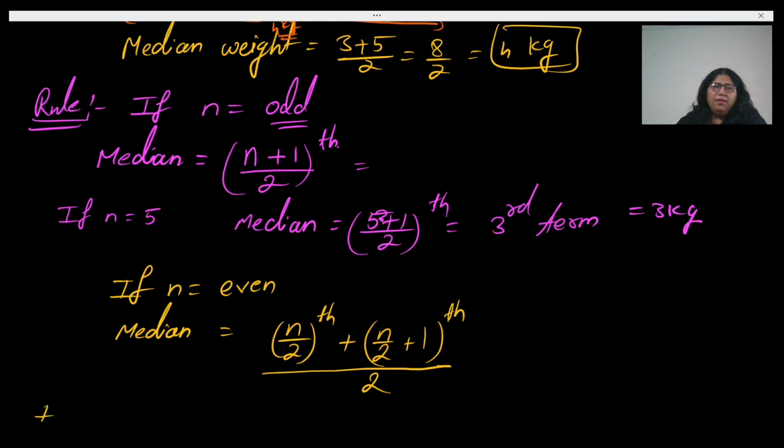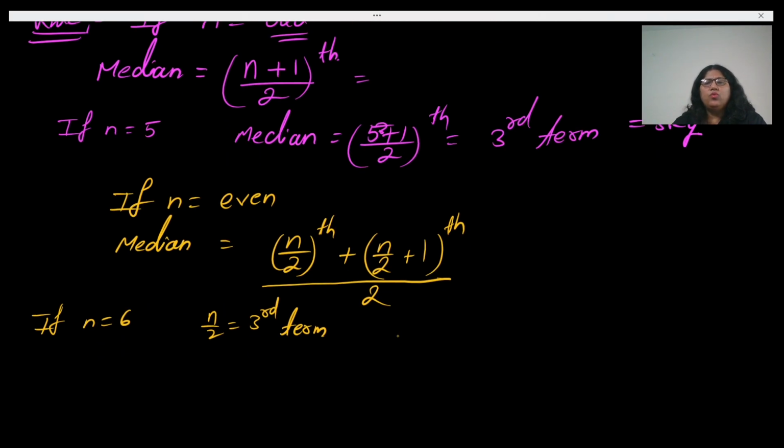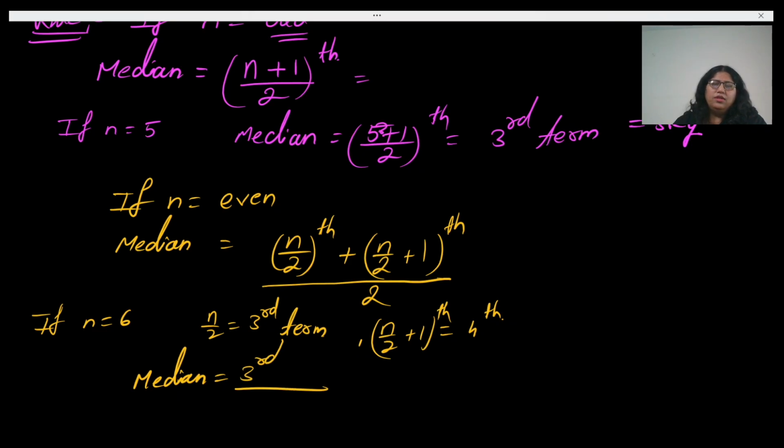Now in the above example, n was 6, so n by 2 is the third term, right? And n by 2 plus 1 is 6 by 2, which is 3, plus 1, so it's the fourth term. That is why you take the median as the average of the third and fourth terms.